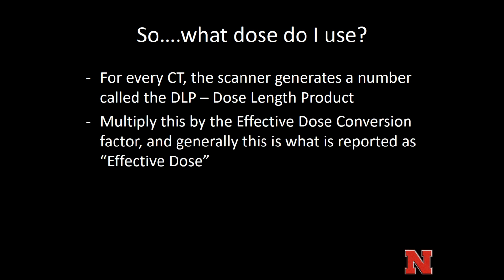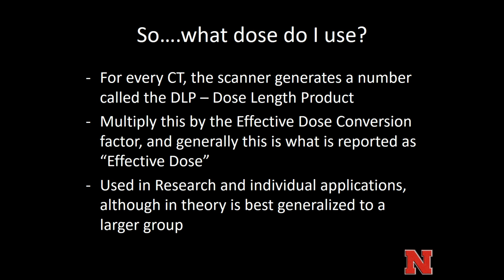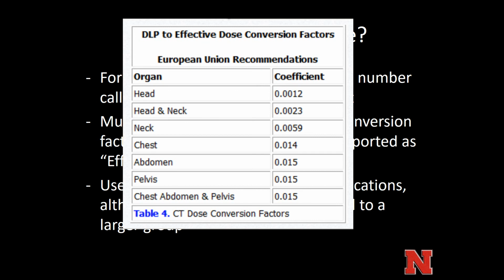What this is, it takes the estimated effective dose and generally, via a conversion factor, gives us what we report as the effective dose. So it's used in research and individual applications, although in theory it's best generalized to a larger group. So you have effective dose conversion factors for a head CT, for the head and neck, for the chest, for the abdomen and pelvis.